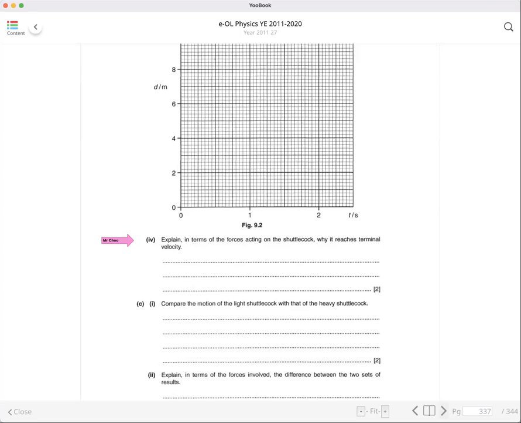Okay, Chao Xing, give me the answer for part 4. Okay, Yu Ting, instead of the word speed up, we can use the word accelerate. Yu Ting, I'll give you 2 marks. Well done. Wei Kuan, it's a 2 marks question, I'll only give you 1 mark.